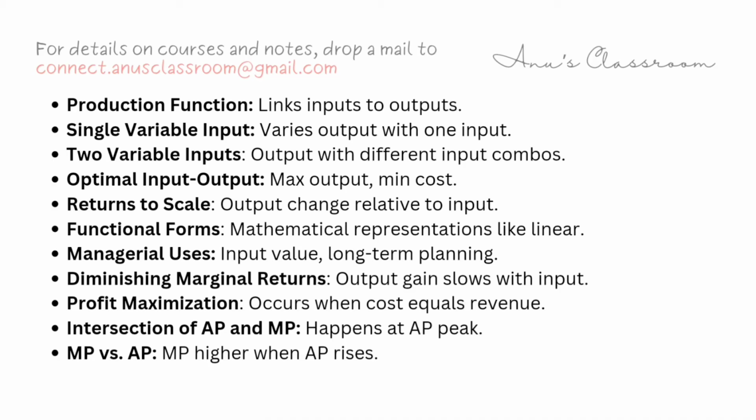After a certain tipping point is reached, you cannot expect that any more input will give higher outputs. The output may remain constant or it may even decline. So that is the law of diminishing returns.